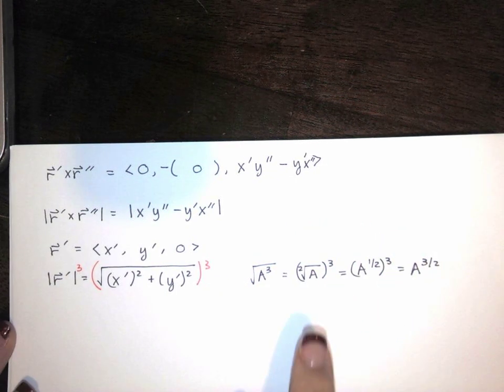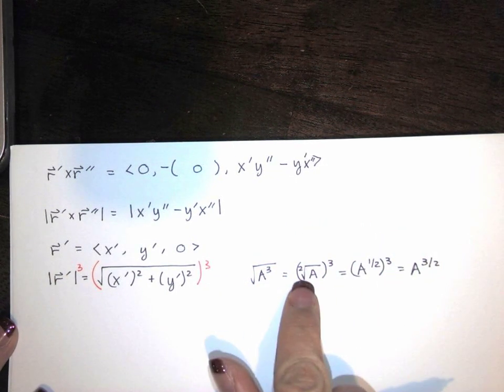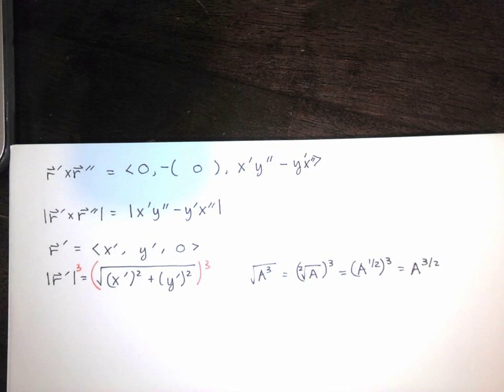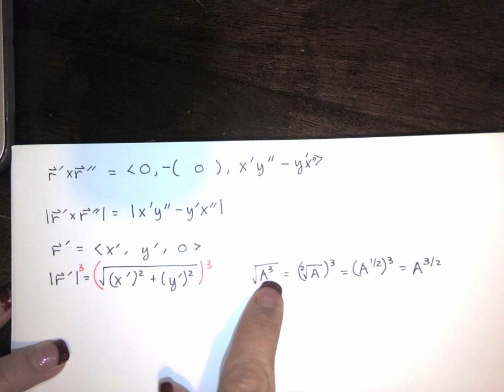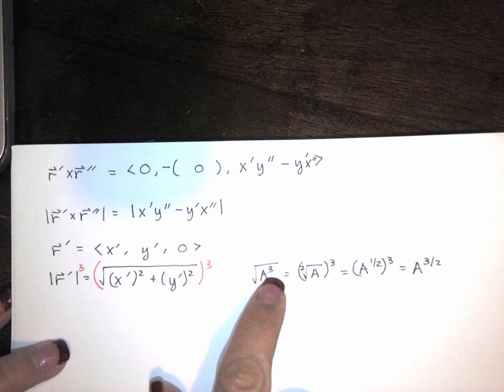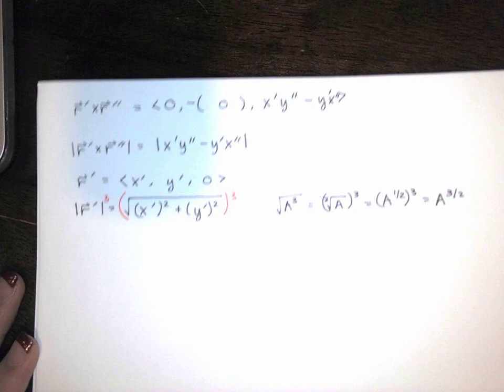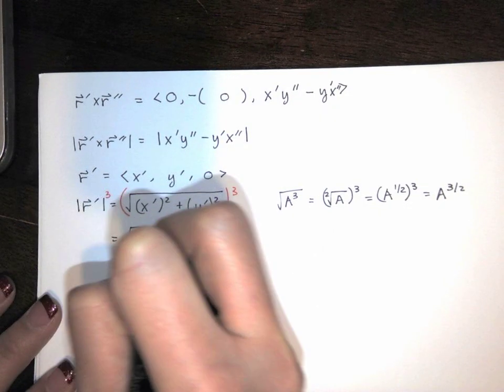Most of the time, if I'm working with numbers, I want this one because it makes the numbers smaller and then I cube them. If I'm working with functions of t, it's convention to take that power and then put it on this expression inside the radical. So we're going to call this this.